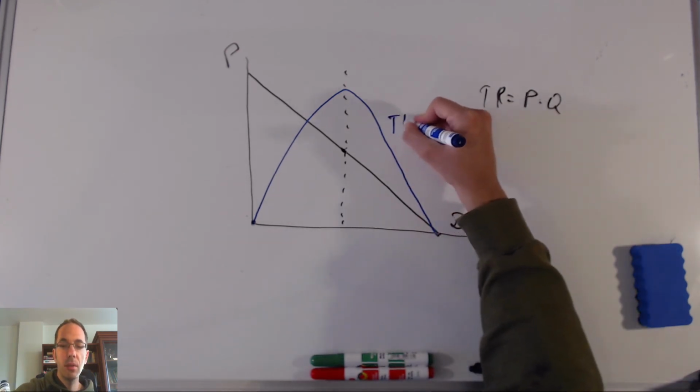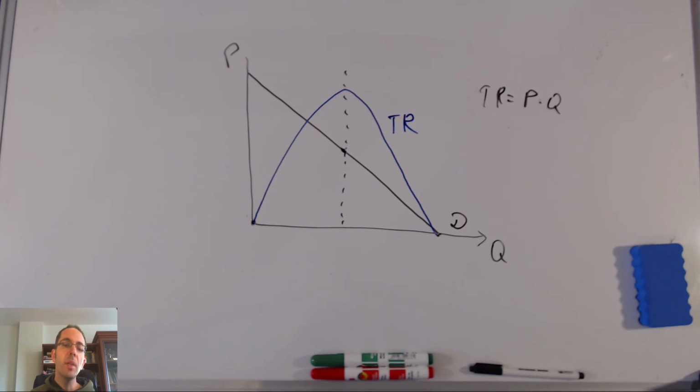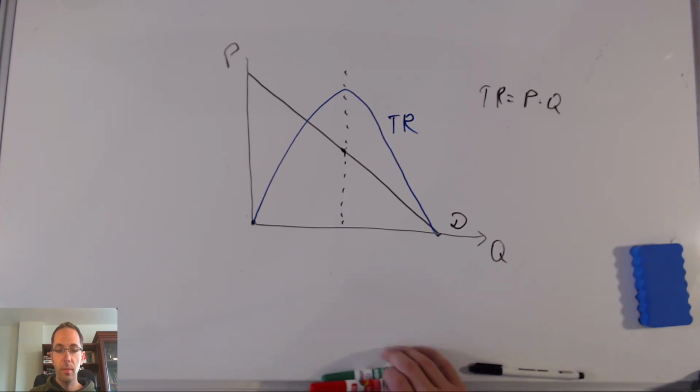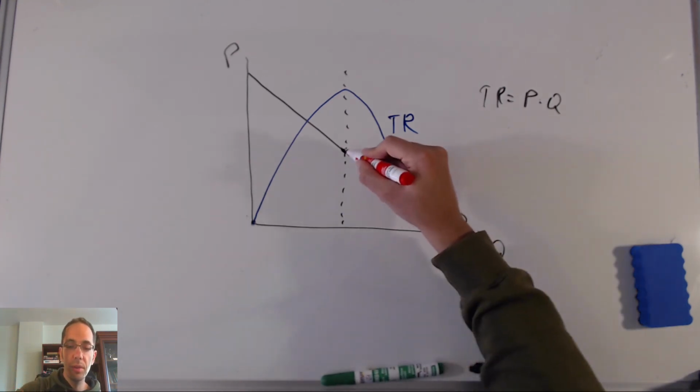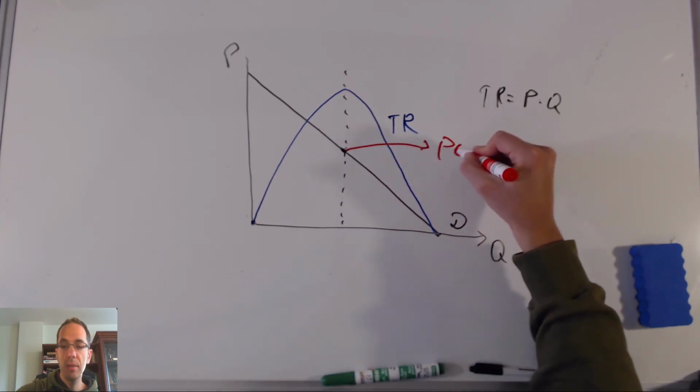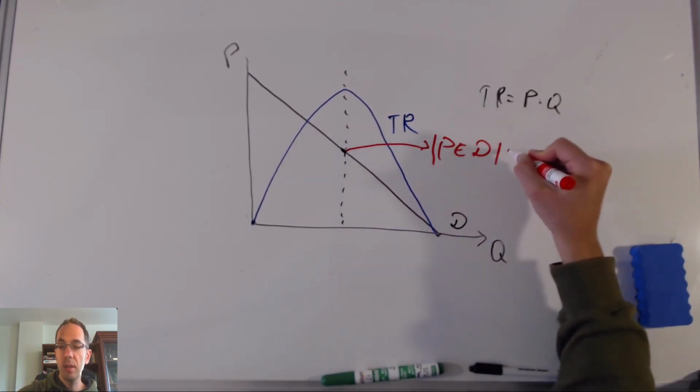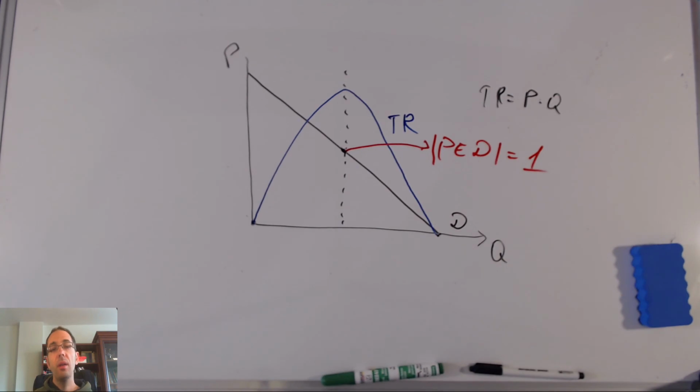And this is my total revenue. Sometimes students see this and they get confused, but it's nothing really that complicated. We just need to make sure that we mark this point as the point where price elasticity of demand is unit elastic, and we're set.